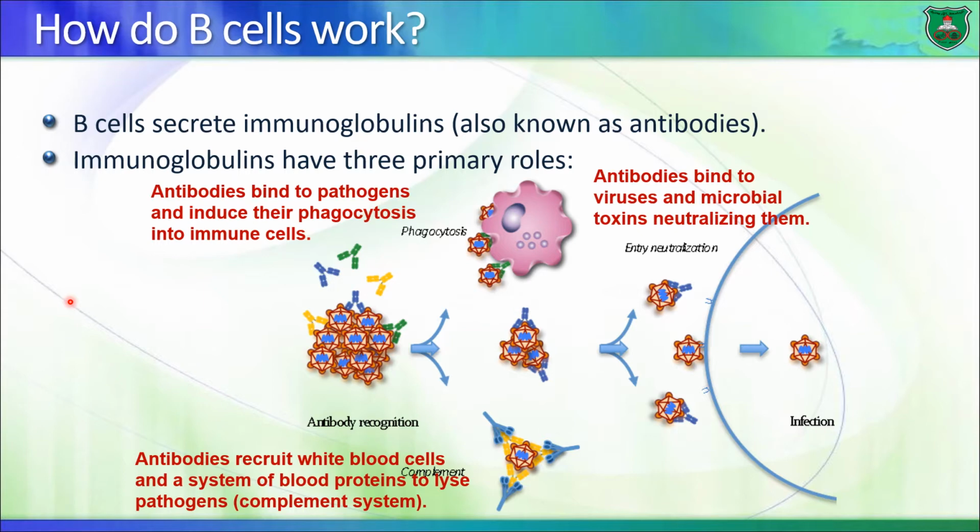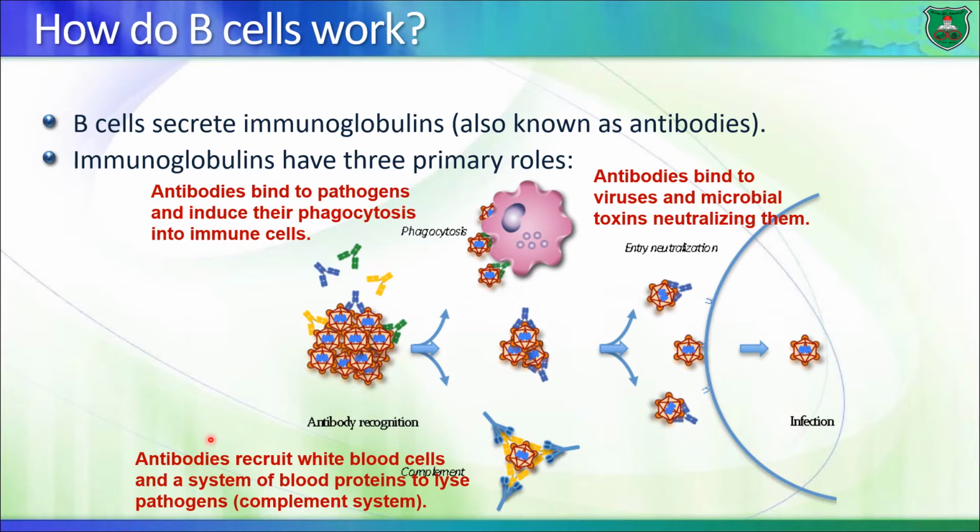The first is that antibodies can bind to pathogens and induce phagocytosis by immune cells. It's almost like they guide these phagocytic cells, like macrophages, to where antigens exist, so that they eat these antigens, and then the antigens are degraded inside the cells.